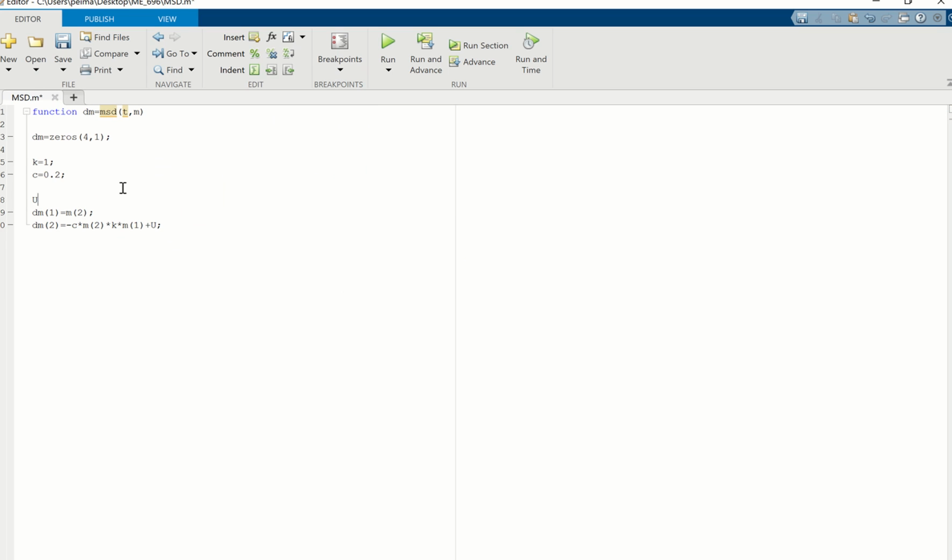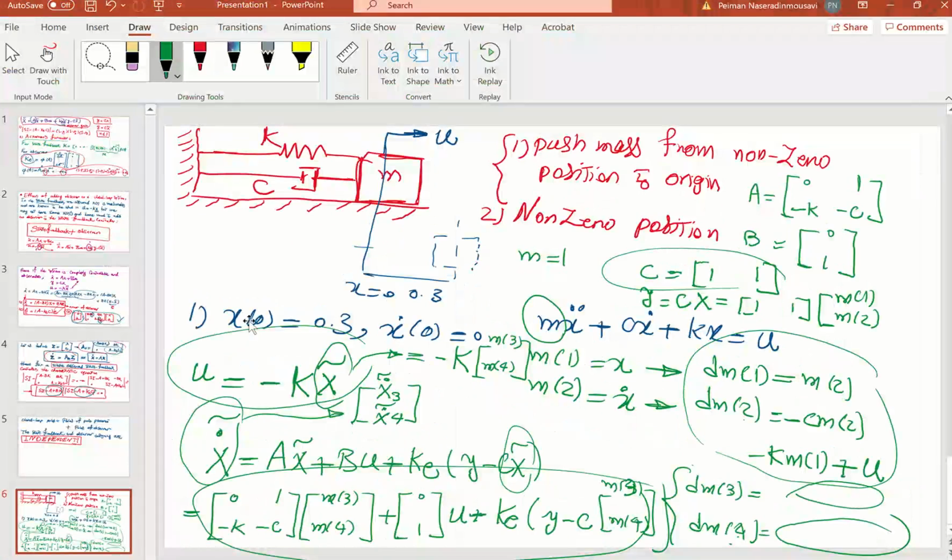So your U is what? Minus k, gain of state feedback, in, but you see here not in M1 and M2, minus kx in M3 and M4.